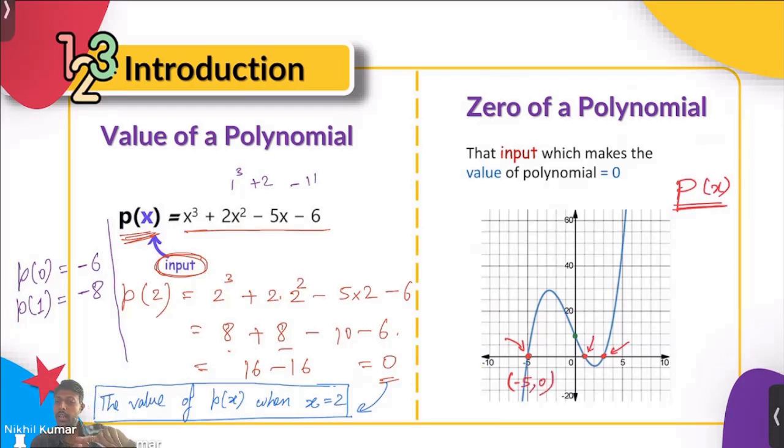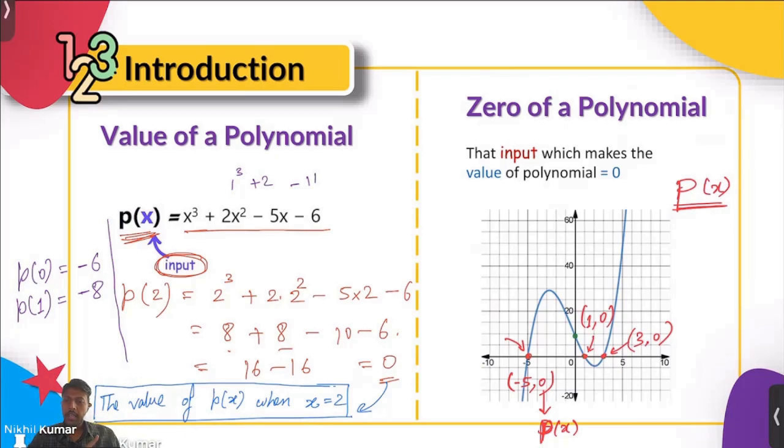You see, when the input is minus 5, the value of the polynomial becomes 0. This is your capital P of x. Similarly, look at the second point. It's 1 comma 0. Look at the third one. It's 3 comma 0.